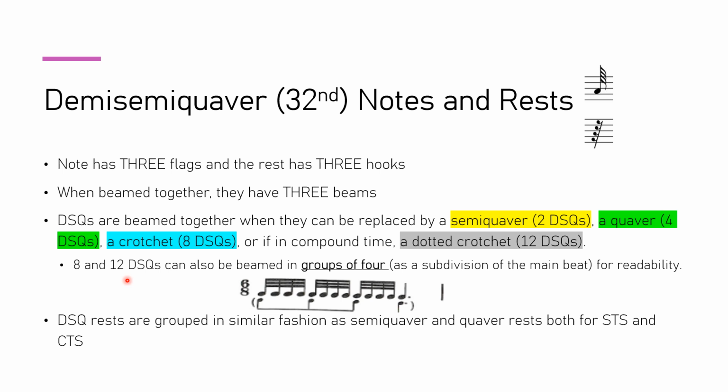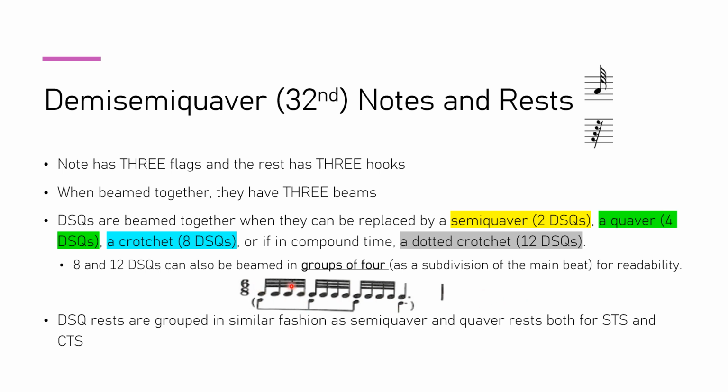It's right, but in terms of readability, it's normally advised that whether there are 8 or 12 demisemiquavers, you beam them in groups of 4. You just beam them in groups of 4 rather than beaming the 12 together. So you have 4, 4, 4. So you have 3 groups.